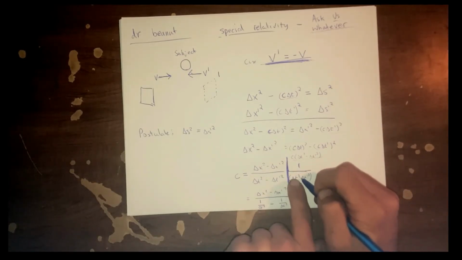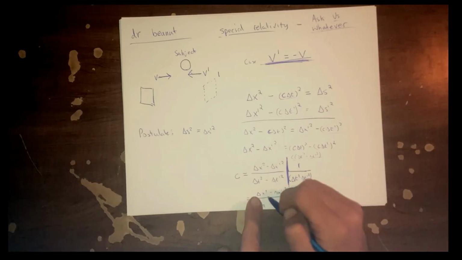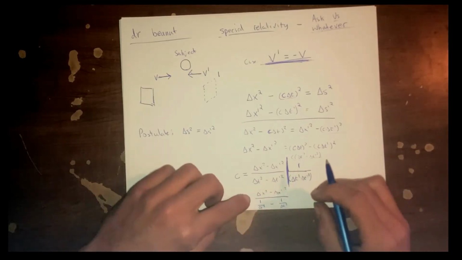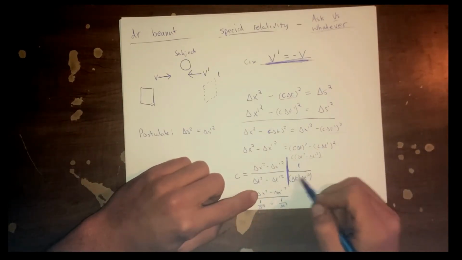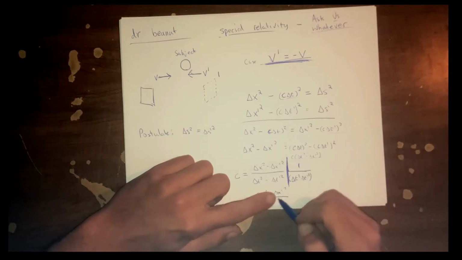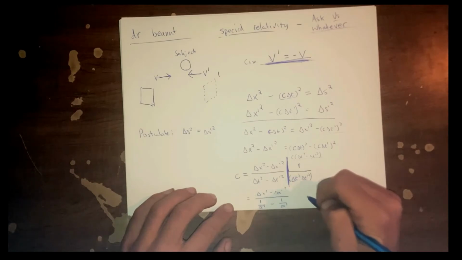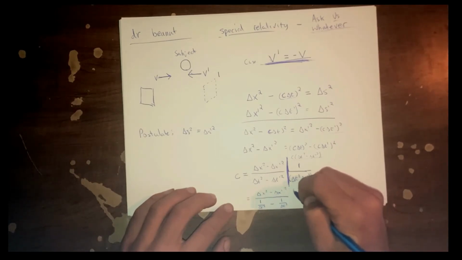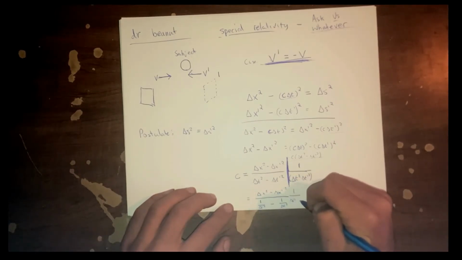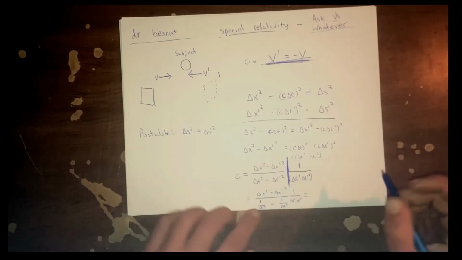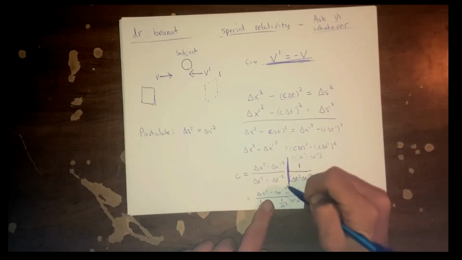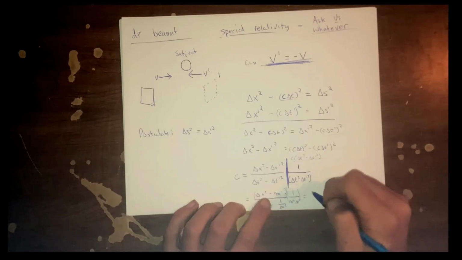Now we can take what we factored out and multiply it through the top. That is delta x squared times 1 over delta t squared delta t prime squared, minus delta x prime squared over the same.